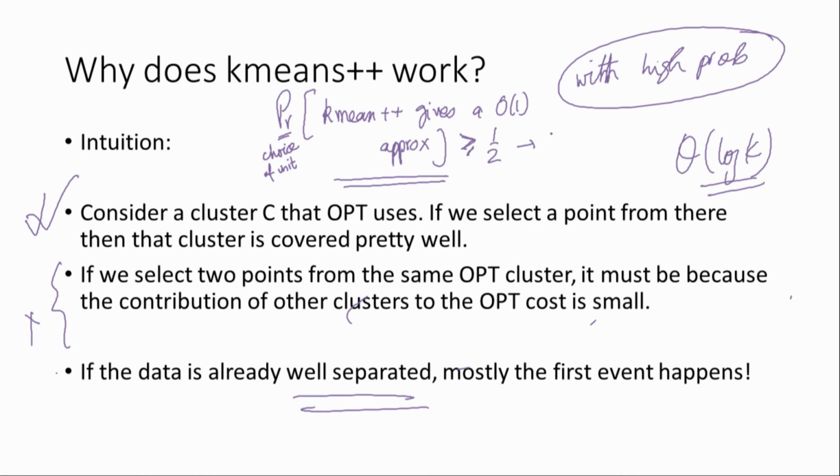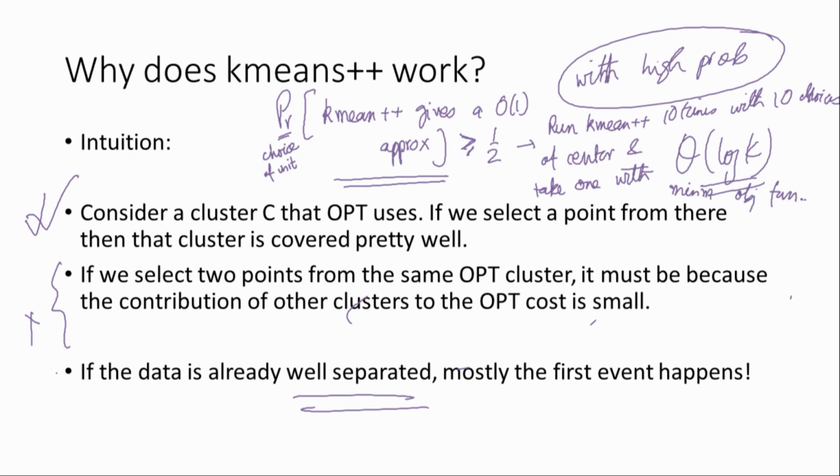Suppose now that I run k-means plus plus 10 times with 10 choices of centers and take the one with minimum objective function, right?